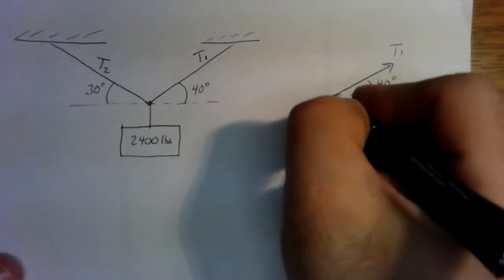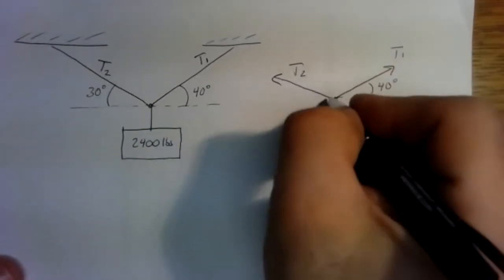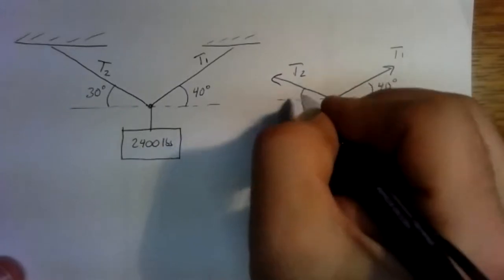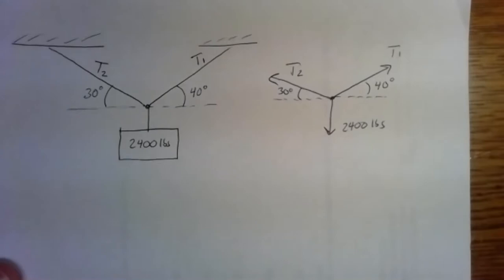We have this other unknown force, T2, at 30 degrees from horizontal. Now there is a value for T1 and for T2 that will make this work. We just have to figure out what that value is.